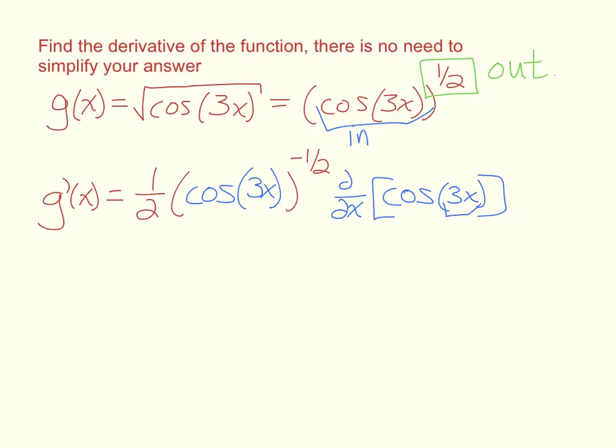We have 3x on the inside, and the cosine is on the outside. So I'm just going to work this little derivative over here, and at the very end I will multiply what we first had by the result of the derivative we get over here.